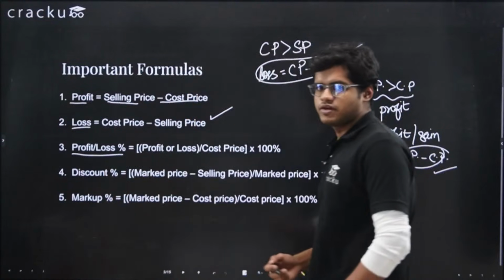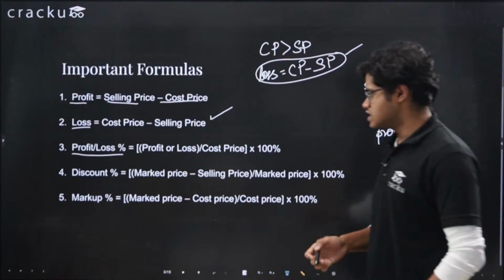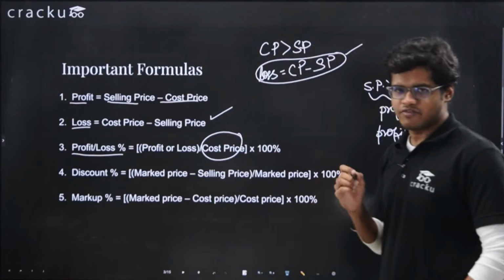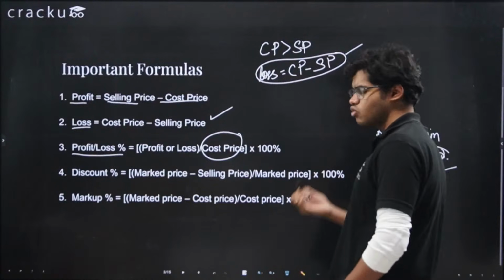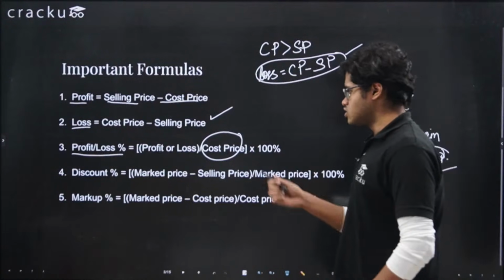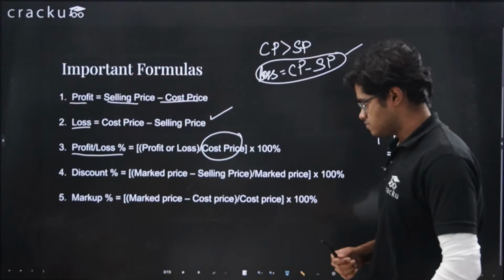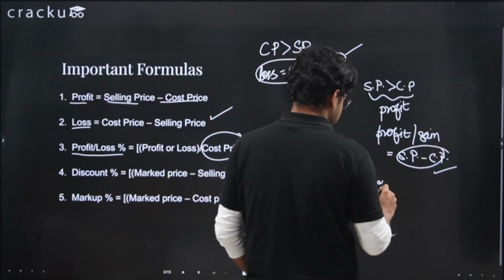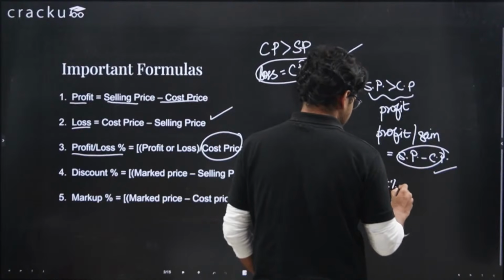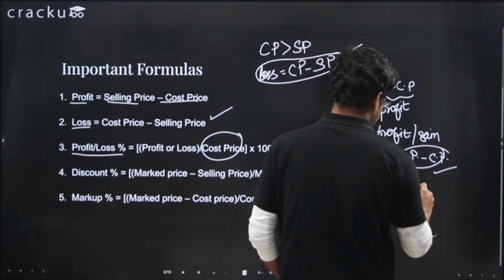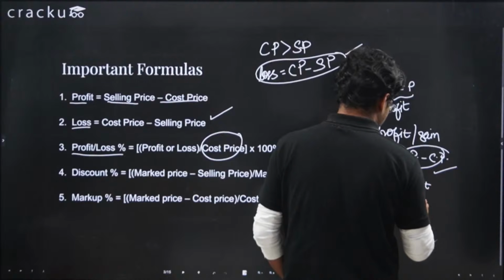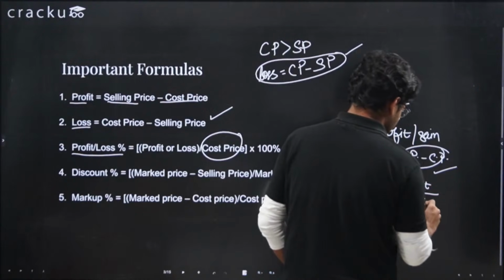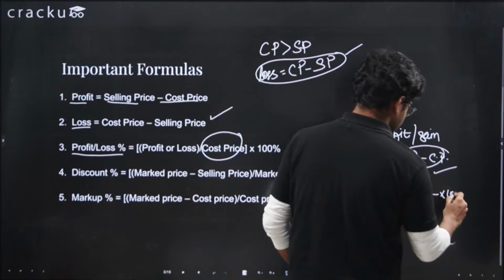Then comes profit or loss percentage. Always remember, profit percentage or loss percentage is calculated on cost price always. This is by definition, or by a rule. So profit percentage is equal to profit upon cost price into 100%.